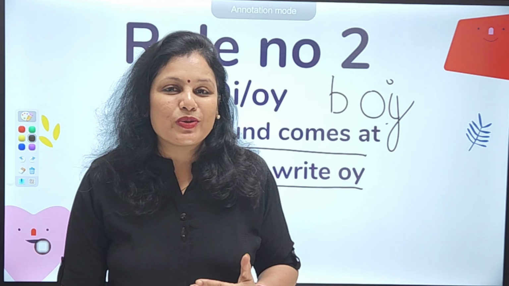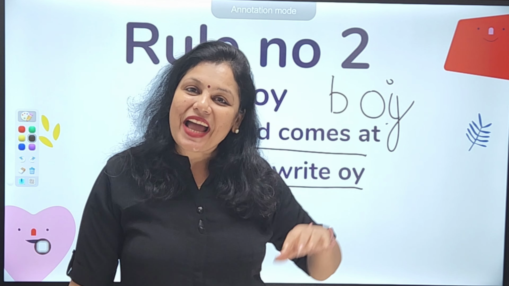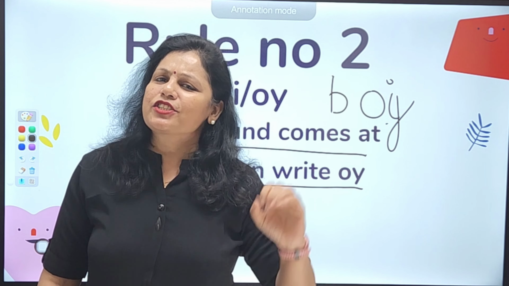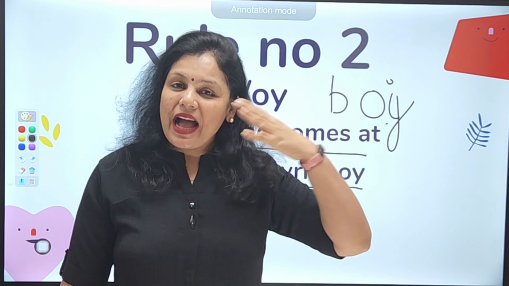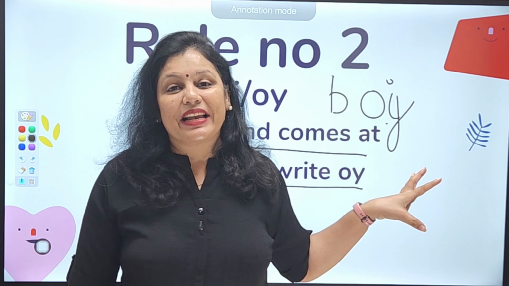This rule is also known as tough y and shy i. I is very shy to come at the end of the word. That is why y comes to the escape and says, don't worry, I am there for you, I will stand for you, and i goes to rest, and y is there to help the letter i.